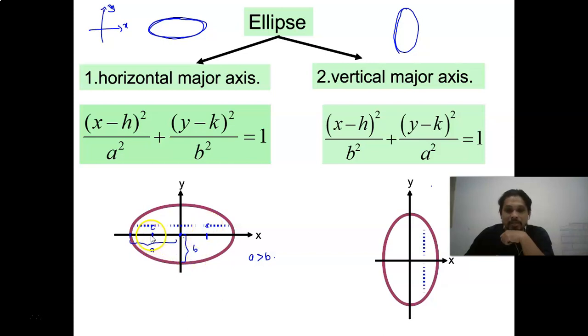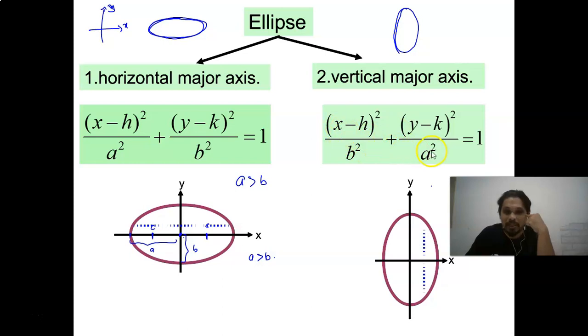For the center, we call the focus points here F1 and F2. So please be careful: for this lecture note, the definition is that A is always greater than B, meaning A can be under x and B under y, or A under y and B under x.